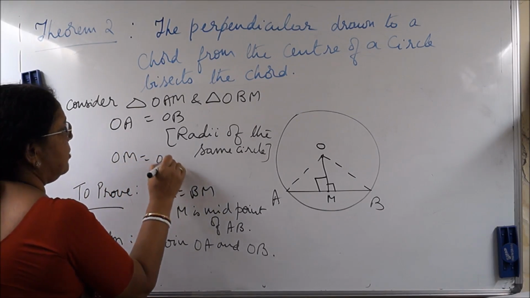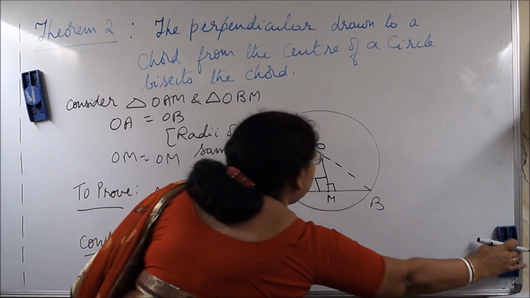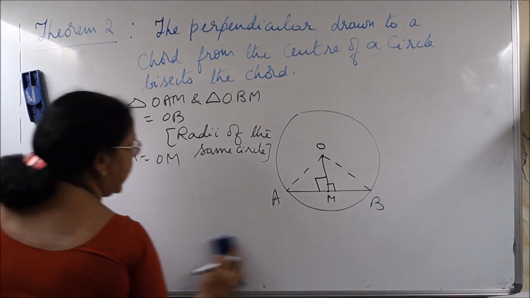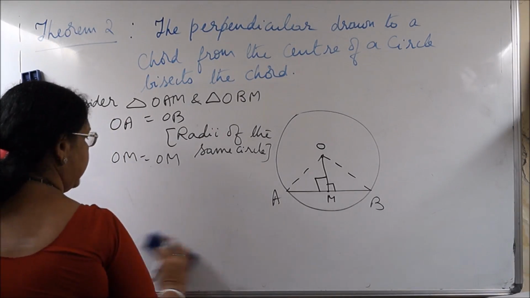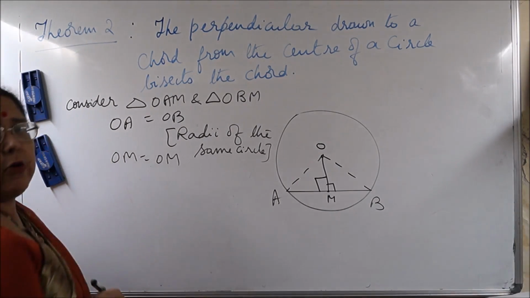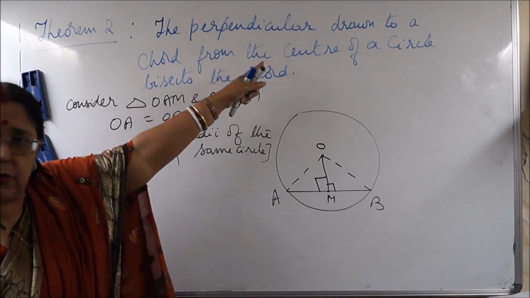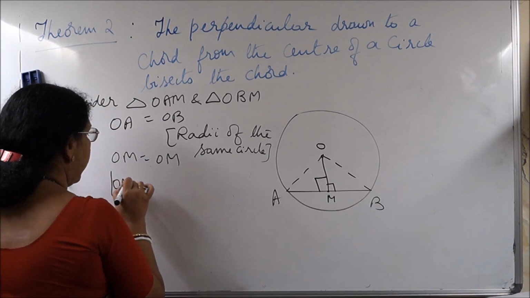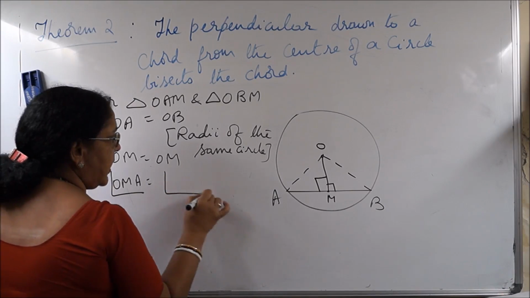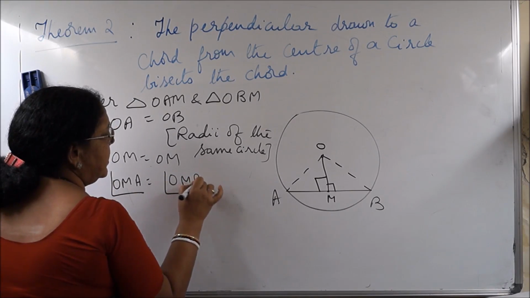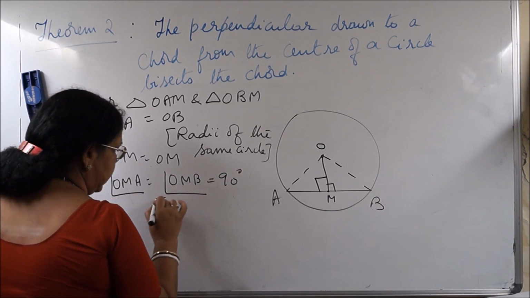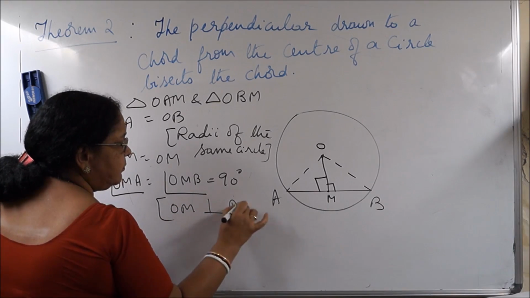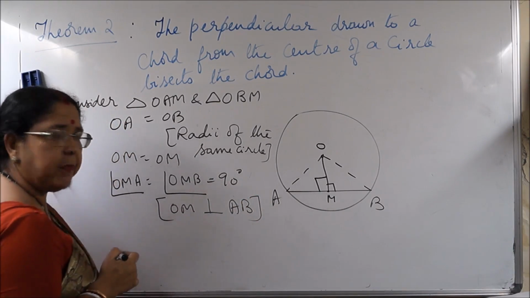Also we know that each angle, that is OMA and OMB, is 90 degrees because OM is perpendicular to AB, given to us. So angle OMA is equal to angle OMB is equal to 90 degrees. Why? Because OM is perpendicular to chord AB. Right?